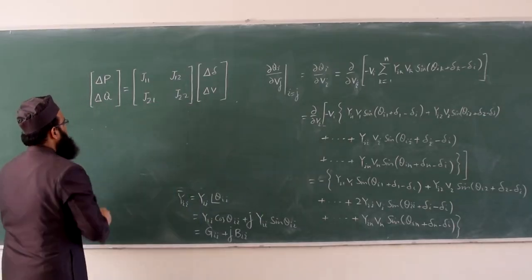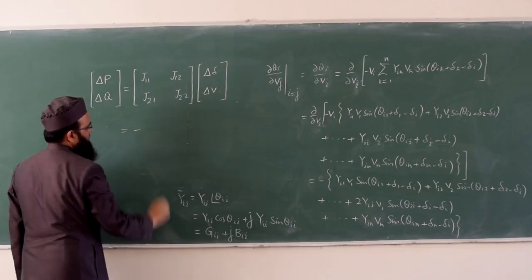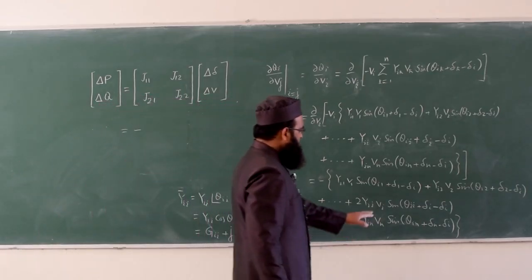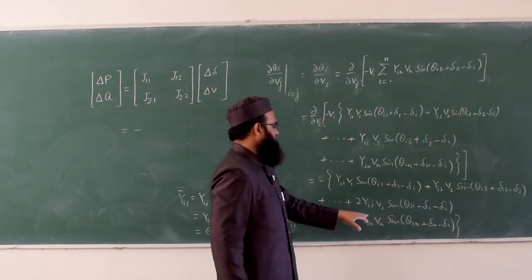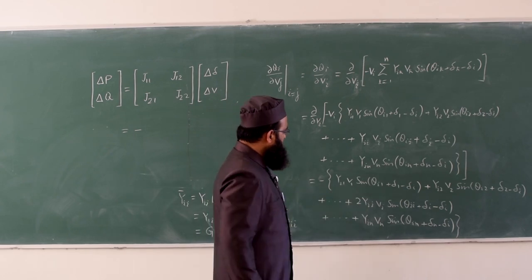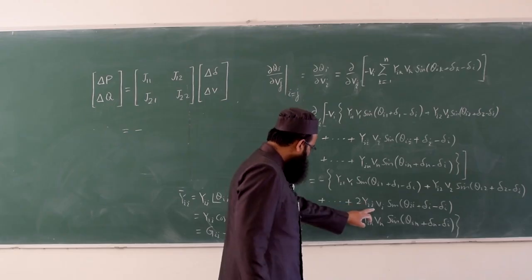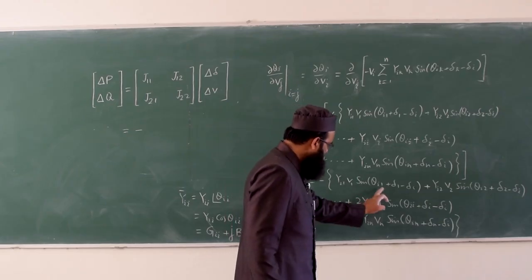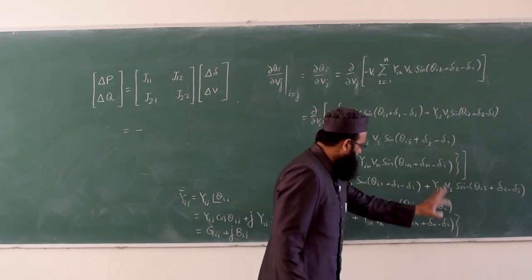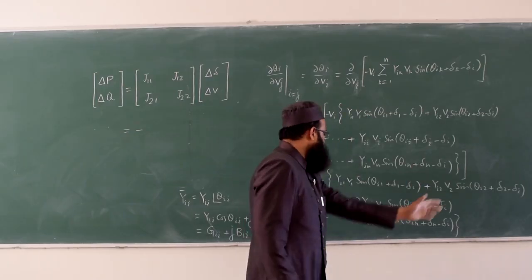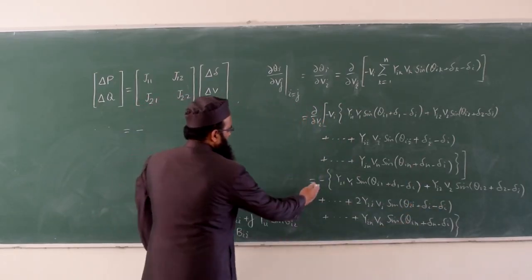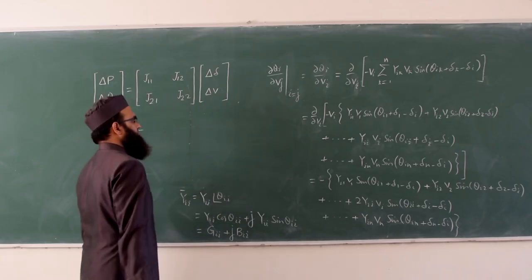So, this can further be written as minus sign outside. We have the ith term twice of this. So, take one term with this as it is, in accordance with this: Yii Vi sine of theta ii plus delta i minus delta i. So, one term will be outside and minus sign is there, so the outside term will also be negative.